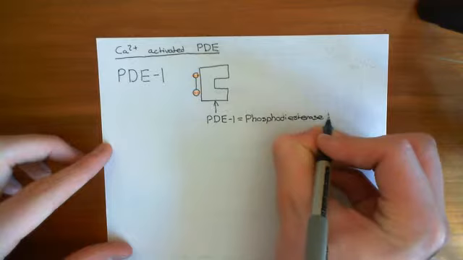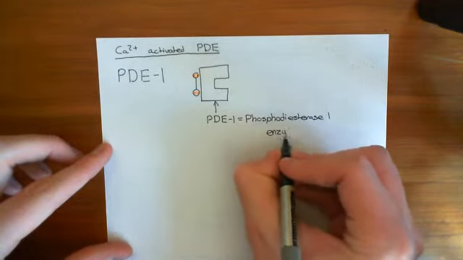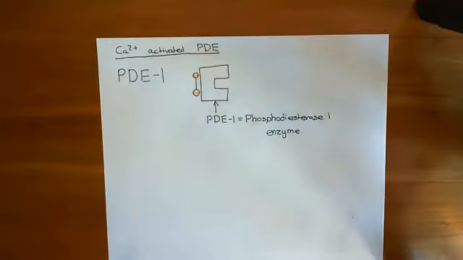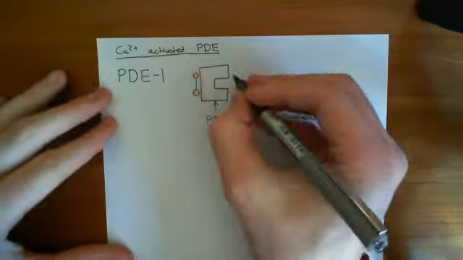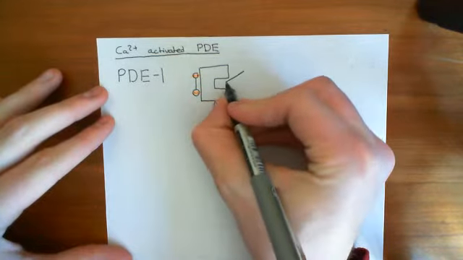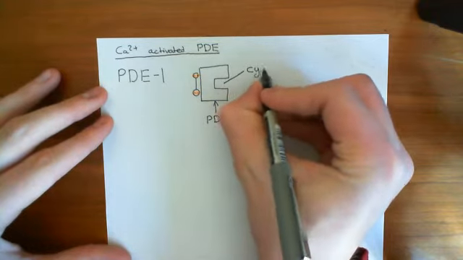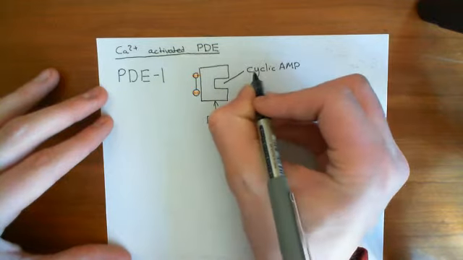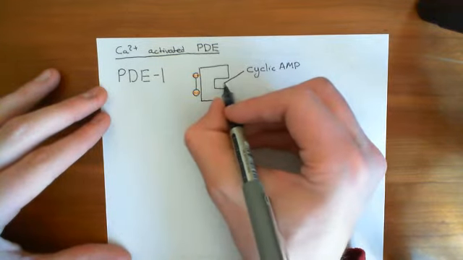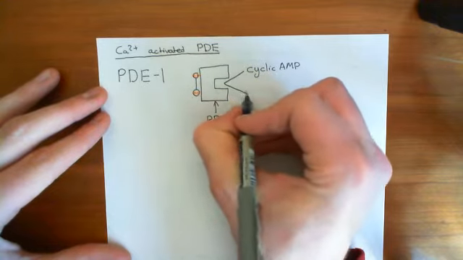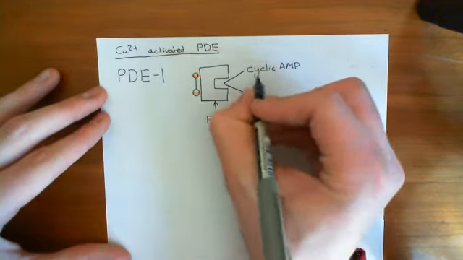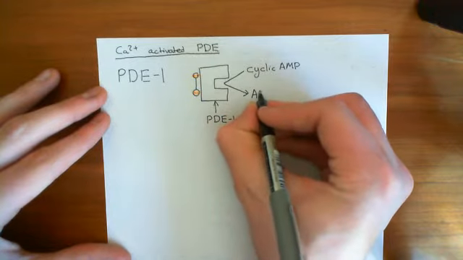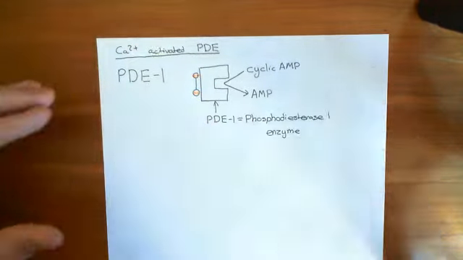Right, okay. When the calcium calmodulin complex binds to the phosphodiesterase 1 enzyme, it changes the conformation of that enzyme, and this enzyme becomes activated. And basically what it does is it takes in cyclic AMP here, and it breaks the link between the phosphate group and the third carbon, basically. It breaks the cycle, basically, and converts it to just AMP, adenosine monophosphate.